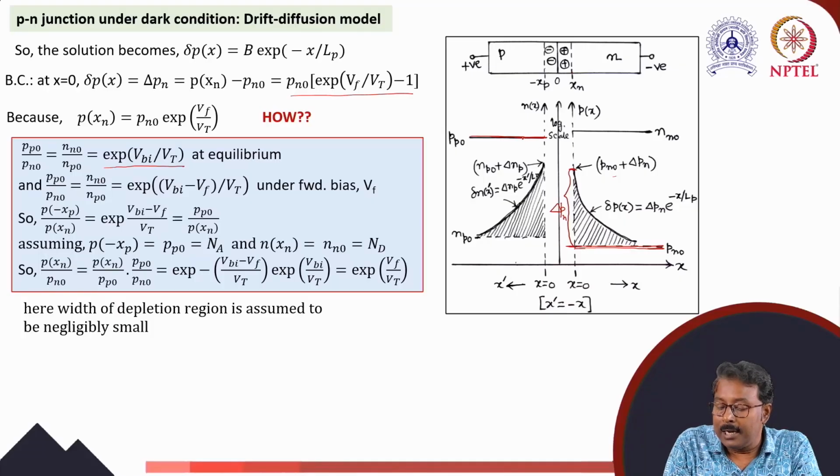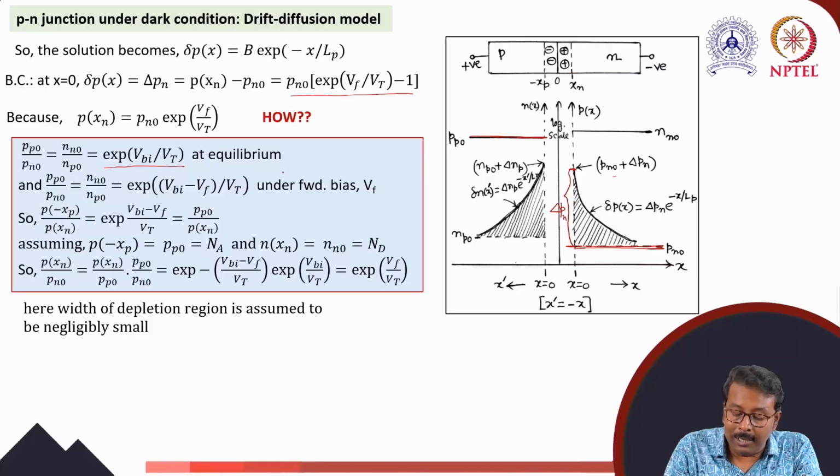It is greater by exponential built-in potential by Vt from the hole concentration on this side. Similarly, the Nn0 value will be greater than the electron concentration on the other side by an amount exponential Vbi by Vt at equilibrium. Be careful.